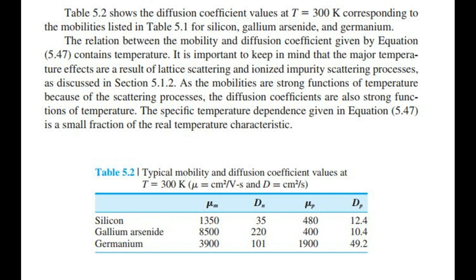Table 5.2: typical mobility and diffusion coefficient values at T equals 300 kelvins. Silicon electron mobility 1350 square centimeters per volt-second. Silicon hole mobility 480. Silicon electron diffusion coefficient 35 square centimeters per second. Silicon hole diffusion coefficient 12.4.